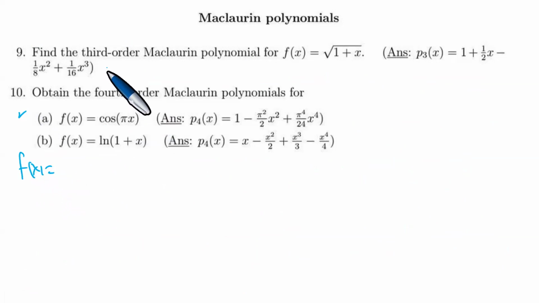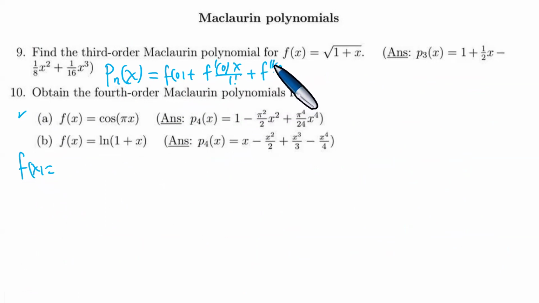We write down the formula for the Maclaurin, because you need to find the fourth order Maclaurin. So the formula says f of 0, always, plus f prime of 0 x over 1 factorial, plus f double prime of 0 x squared over 2 factorial, plus f triple prime of 0 x cubed over 3 factorial.